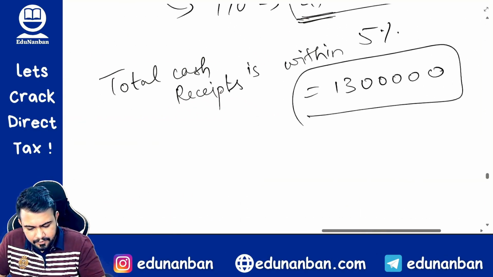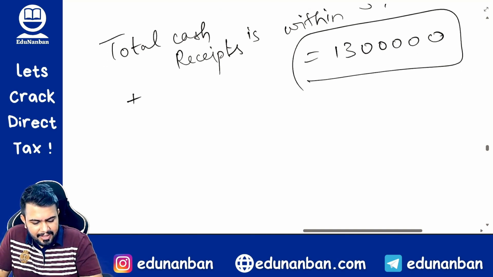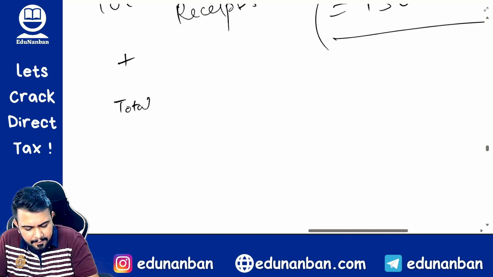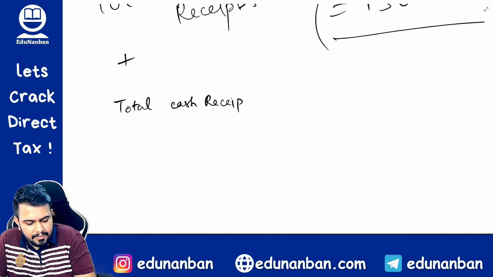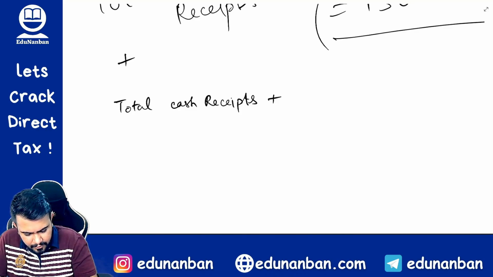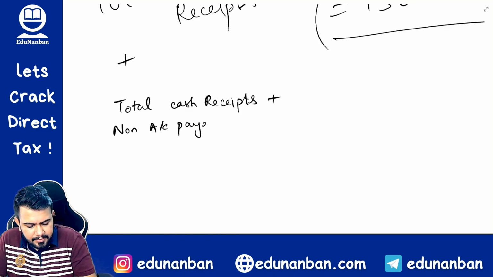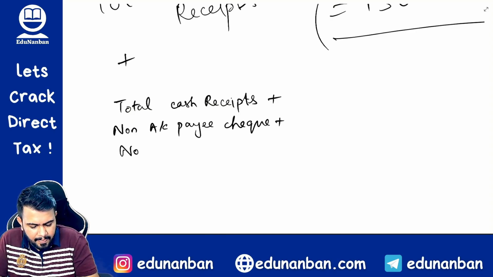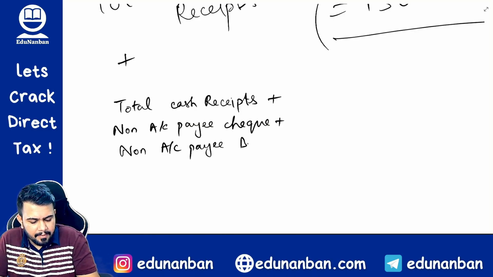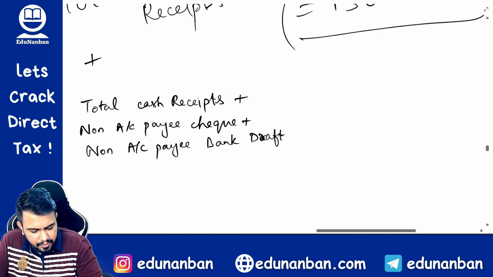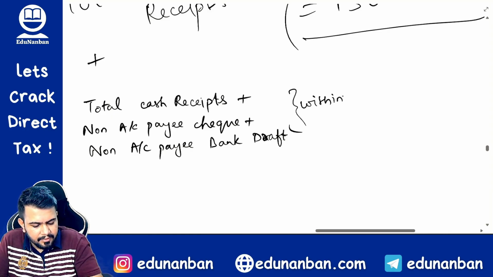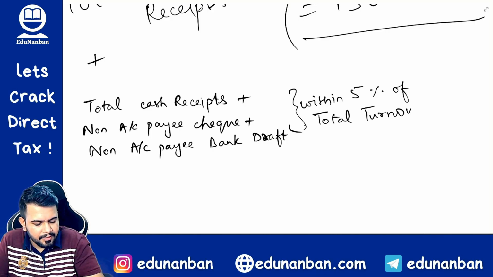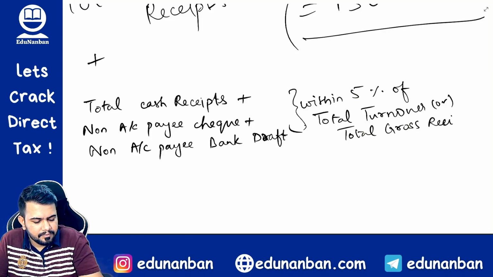So here I can also tell you, you can write this: total cash receipts plus non-account payee cheque plus non-account payee bank draft should be within 5% of total turnover or total gross receipts during the year.